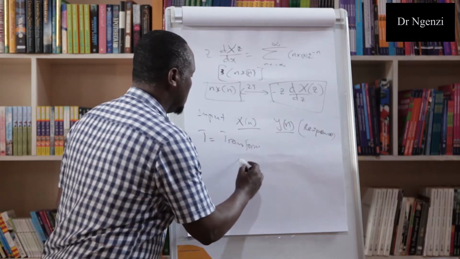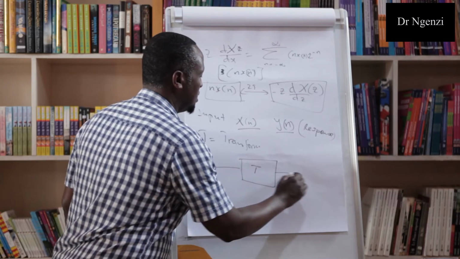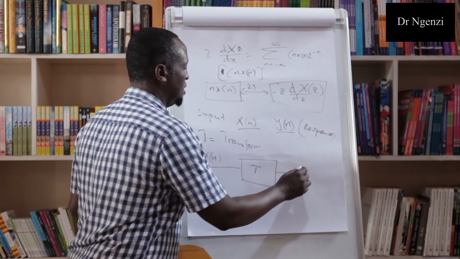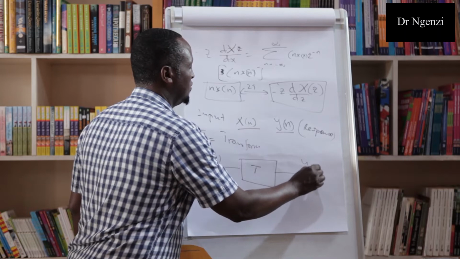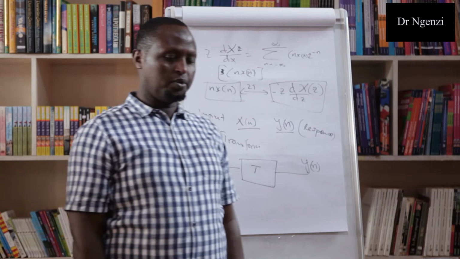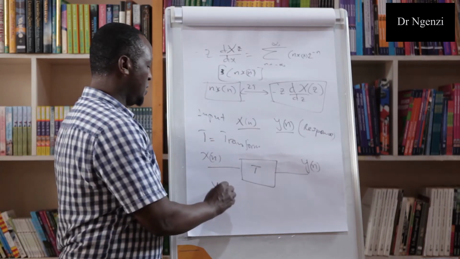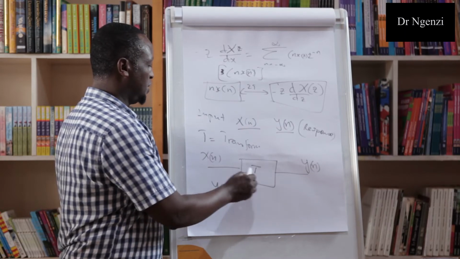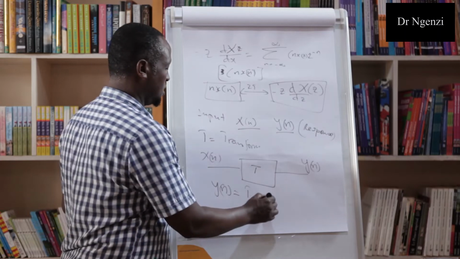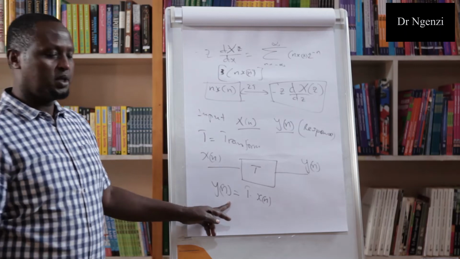This is a transformation system, with x of n on this side as input, and y of n at the end as the output. So the system response is y of n, which is T of x of n in this case.